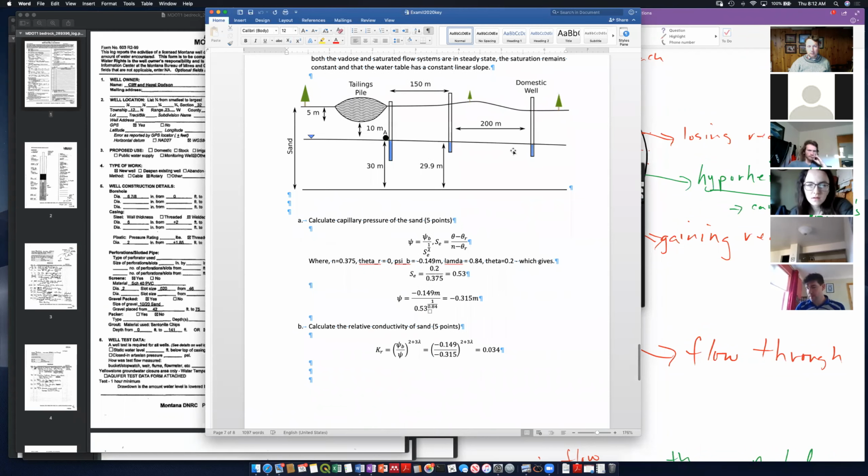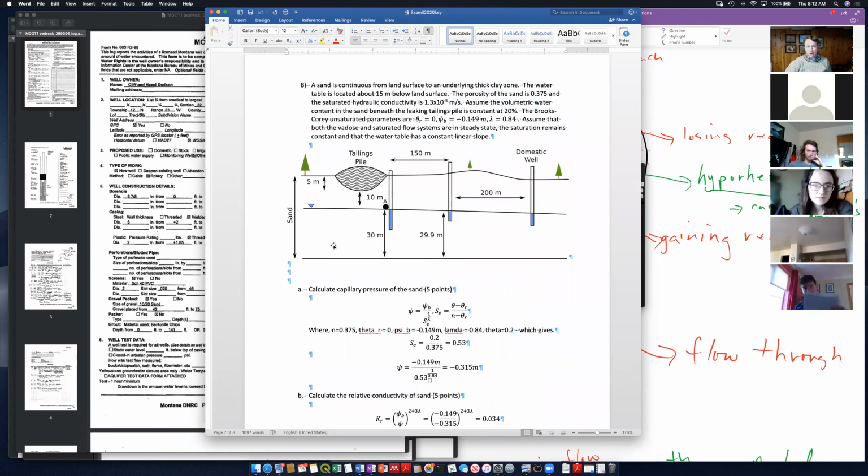Problem 8. The first thing I ask you to do here is to calculate the pressure head, or the capillary pressure, just below the tailings pile, given the unsaturated zone properties.